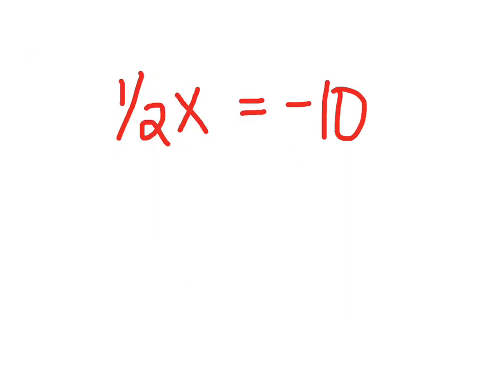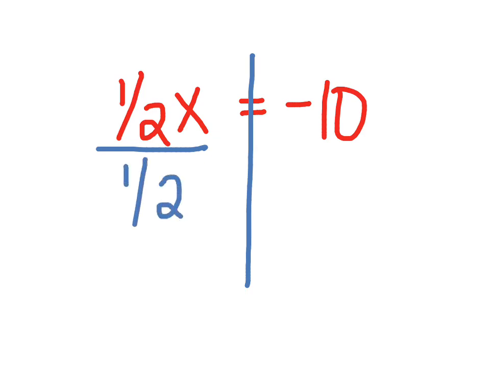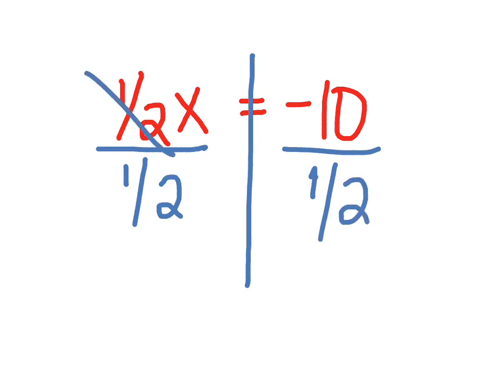Our last problem involves a fraction. So you're going to follow the same steps. This is 1/2 x. 1/2 x is the same thing as 1/2 times x. And the opposite of multiplication is division. So if you're multiplying 1/2 times x, the opposite of that is dividing by 1/2. So divide by 1/2 on each side. Cross that out.